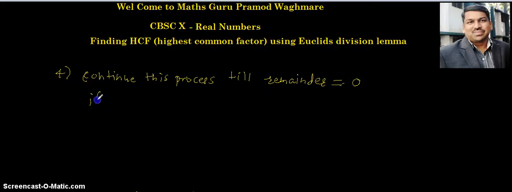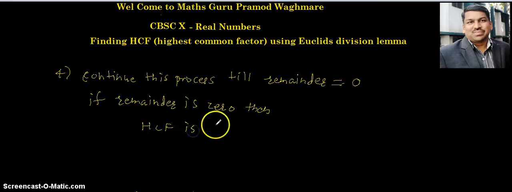And when the remainder is 0, at that stage, the HCF is the divisor. The stage at which the remainder becomes 0, the divisor is the HCF. It's very important.